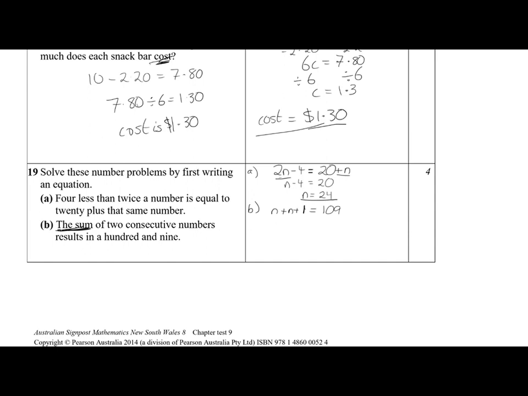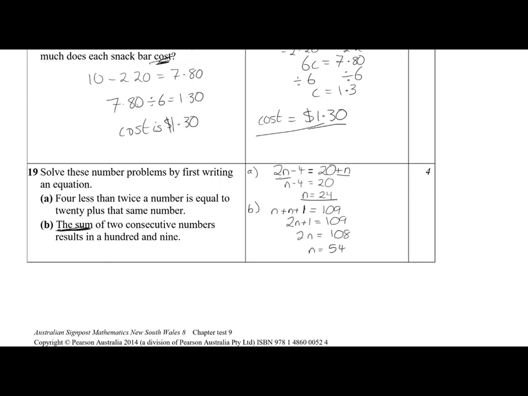So n plus n plus 1, we can simplify that. N plus n is 2n, plus 1 is equal to 109. Take away 1 from both sides, we get 2n is equal to 108. Divide by 2, n equals 54.